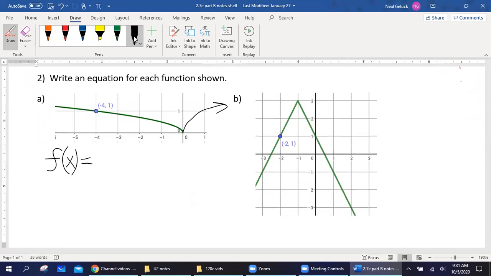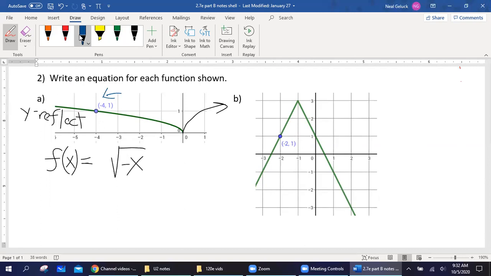That tells me that there's a y reflection. So a y reflection means that I have to have a negative on the x. If I test this point, and this is why I gave you this specific point on here, this is saying if I pop in -4, this thing should tell me 1.